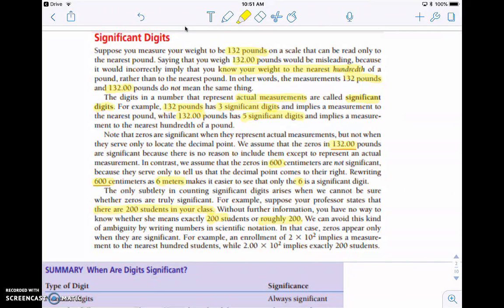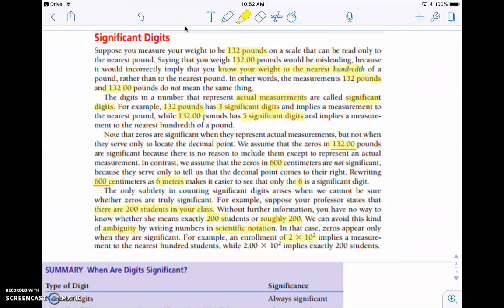Now we can avoid this kind of ambiguity by writing numbers in scientific notation. For example, if someone writes 2 times 10 to the second, which is 200, it implies a measurement with one significant digit, significant to the hundreds place.